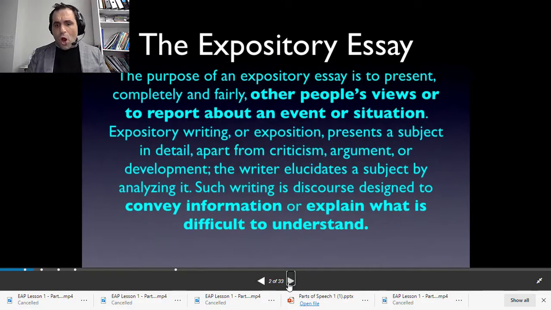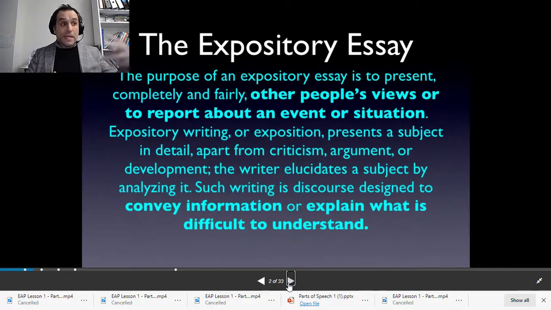And you don't need to express your own opinion about the subject. You should not feel strongly about the subject. And even if you feel strongly about it, you are not supposed to show it in your writing. So when you write, you should never use I or you.